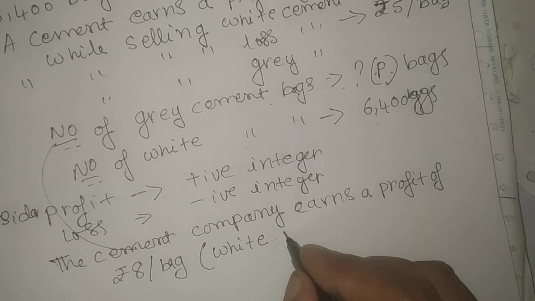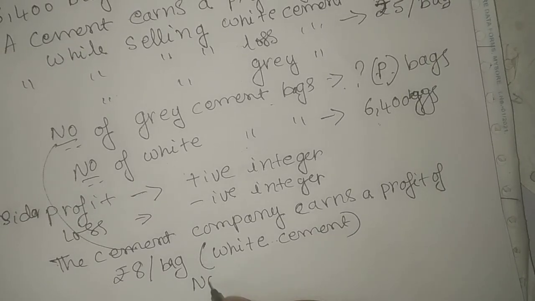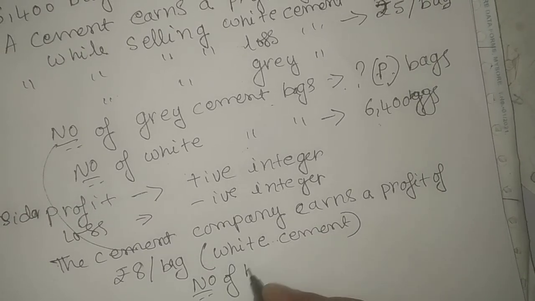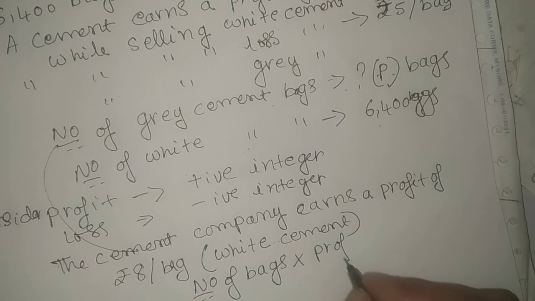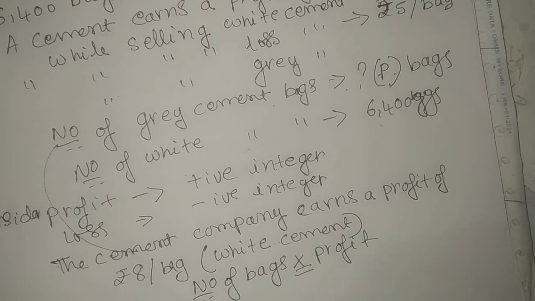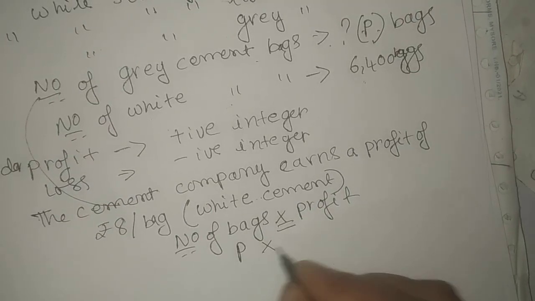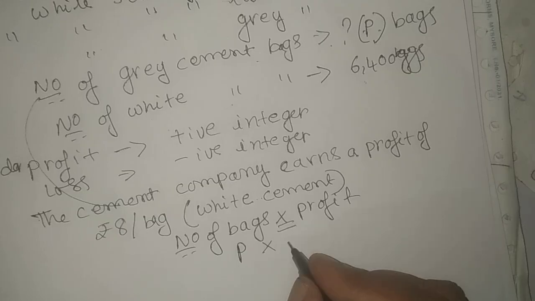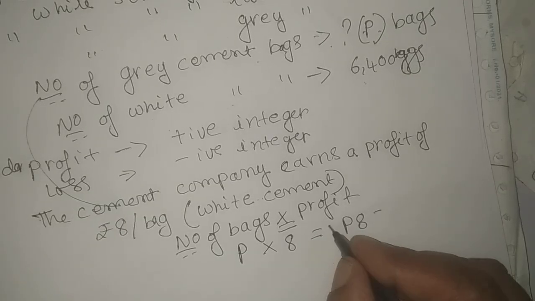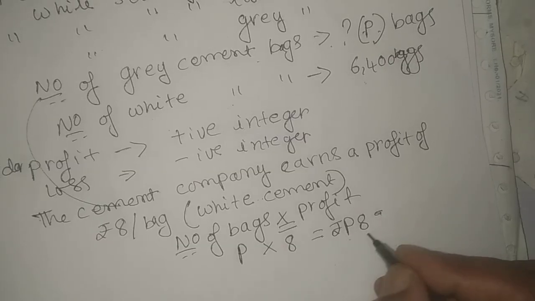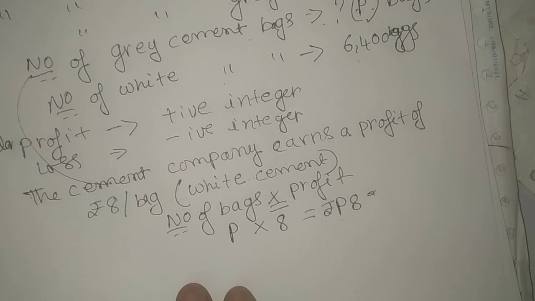White cement is equal to the number of bags into profit, multiply. This is multiplication. The number of bags we have taken as P, and profit is 8. Therefore we'll get P into 8, rupees 8P.